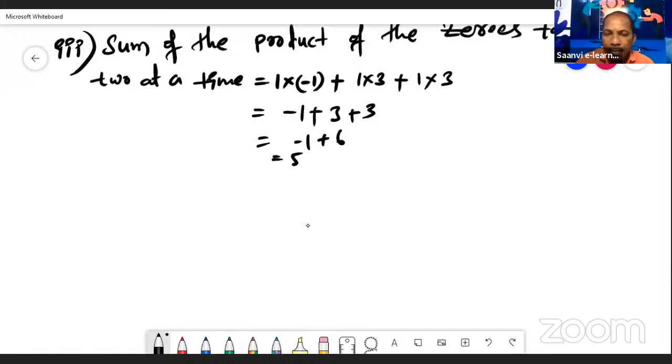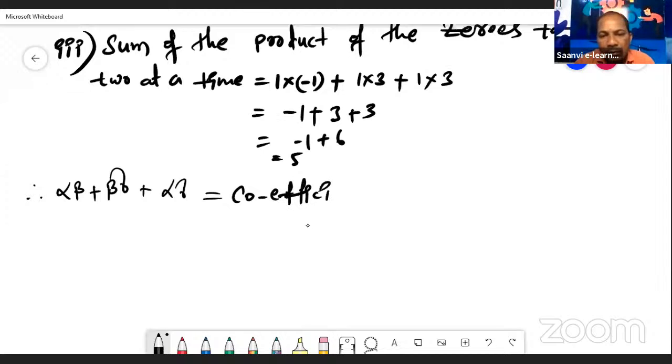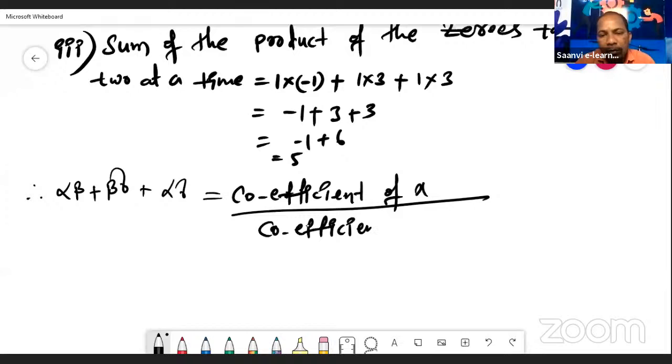And check by formula. Therefore, alpha beta plus beta gamma plus alpha gamma is equal to, the formula is, coefficient of x by coefficient of x cube.